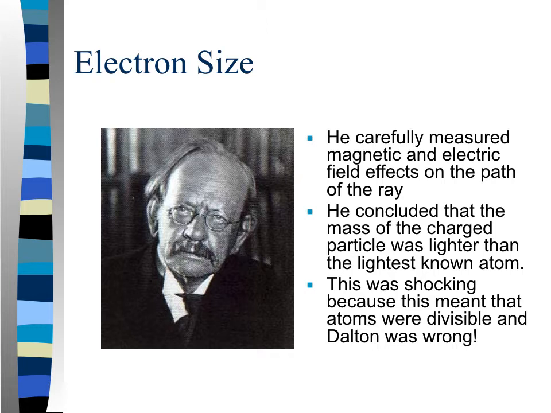He carefully measured magnetic and electric field effects on the path of the ray, and he concluded that the mass of the charged particles was lighter than the lightest known atom. This was pretty shocking because they thought that the atom was still the smallest thing out there. So this meant that atoms were divisible, and part of Dalton's theory was incorrect.